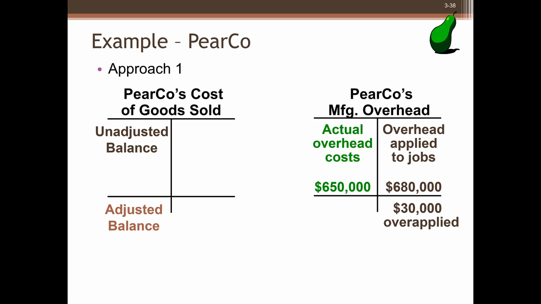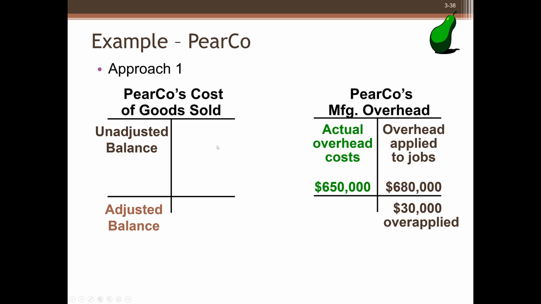Right now, manufacturing overhead has a credit balance of 30,000. It's over-applied overhead, so we want to close it. We want to make it 0. To get 0 here on the credit side, only if we debit MO 30,000 can we get 0. If there's any debit, there must be a credit.